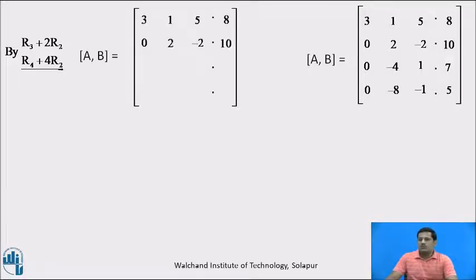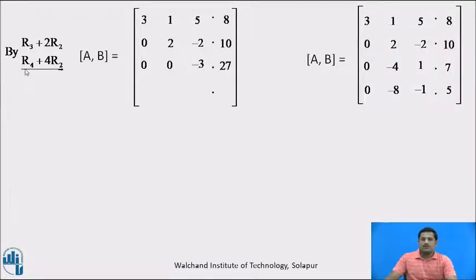Obviously, there is no change in the first two rows. Applying R3 plus 2R2 for row number 3, what we get? After multiplying row number 2 by 2, we get these entries here. Now taking the addition, first entry is 0, second entry obviously is 0. The next entry 1 minus 4 is minus 3, 7 plus 20 is 27.